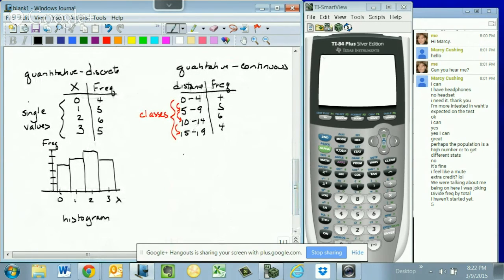And then with the histogram for this one, the way your book is doing it, they're having you label the lower class limits. So if this is distance, what I just went through and I read off the lower class limits: 0, 5, 10, 15.